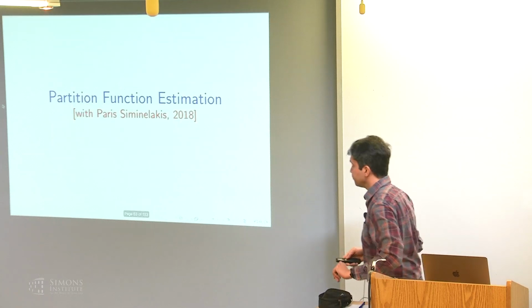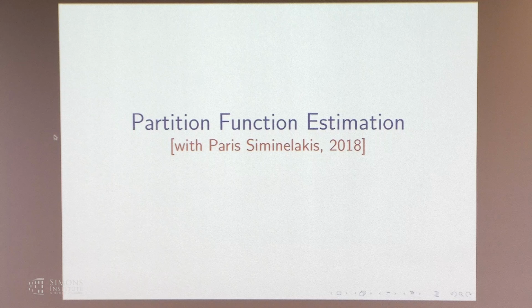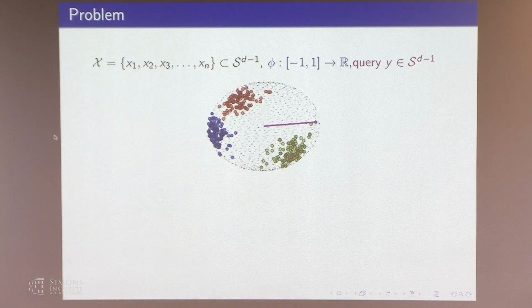All right. So let me tell you about another piece of work with Paris Siminelakis on what's called partition function estimation. It's a very similar problem, slightly different. So let me tell you what the problem is. Again, you're given a bunch of points. You're given a function phi that takes inner products and maps them to a real number.